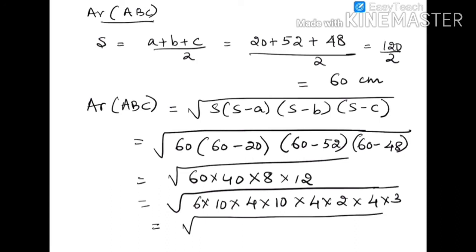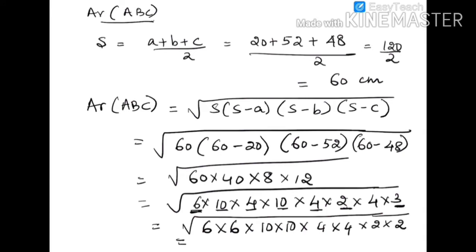Now writing pairs of identical factors, 6 into, I will write this 2 into 3 as 6, then 10 into 10 is another pair, 4 into 4 is another pair, and this 4 I will write as 2 into 2. So now I can write down the square root for each of these pairs. So we get 6 into 10 into 4 into 2.